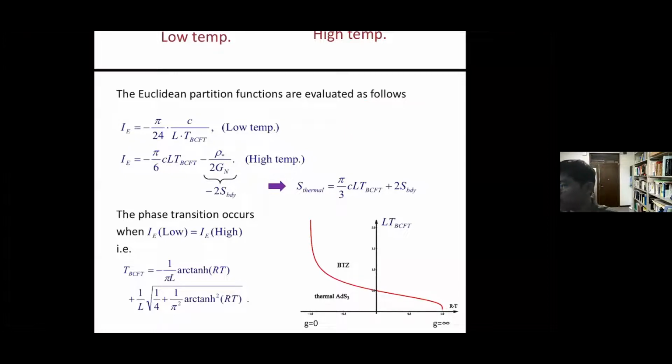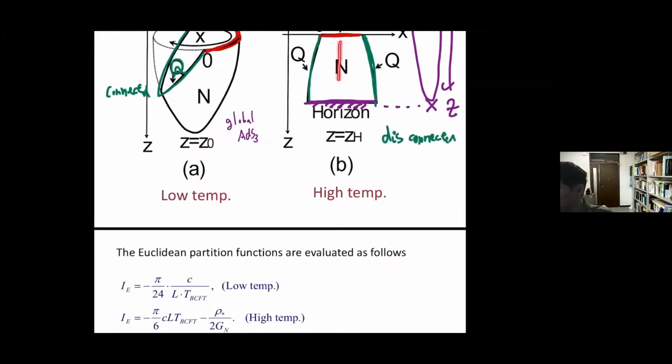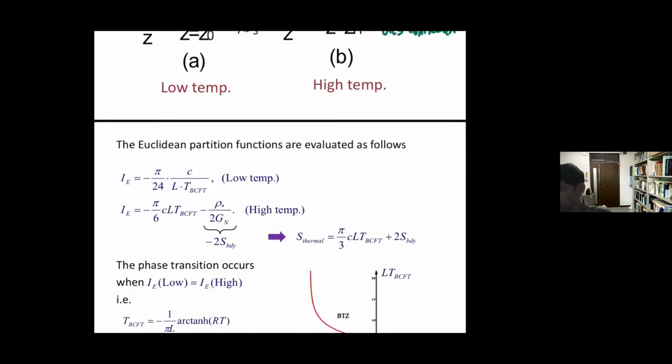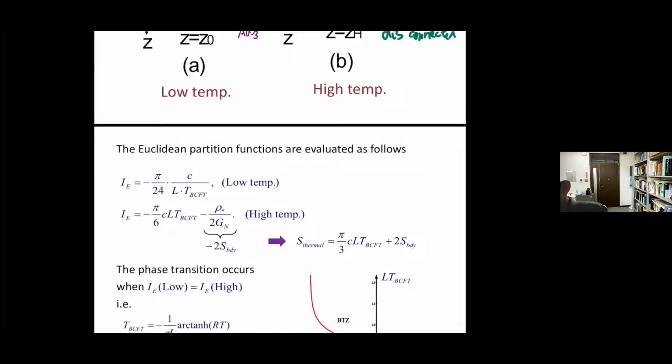In the high temperature phase, you have a non-trivial contribution because, as you can remember, the integral is truncated at the horizon. And also, there is a contribution from this Q surface. And this Q surface contribution actually gives the boundary entropy contribution. You can confirm this in an explicit calculation.